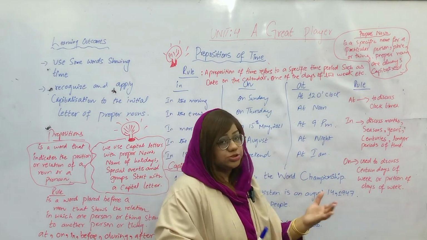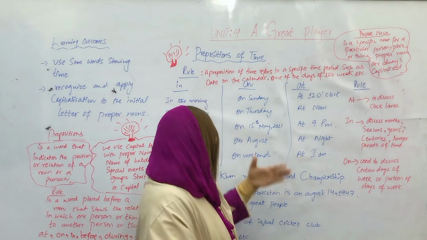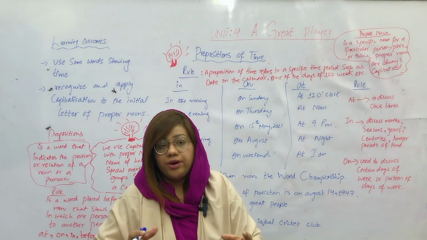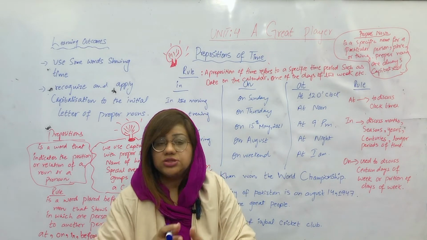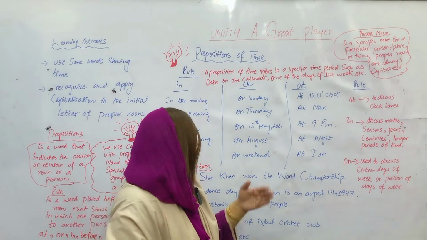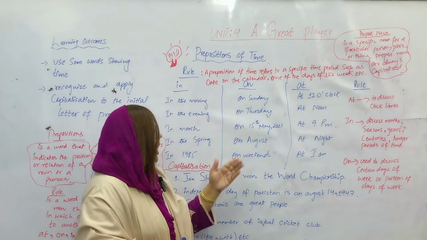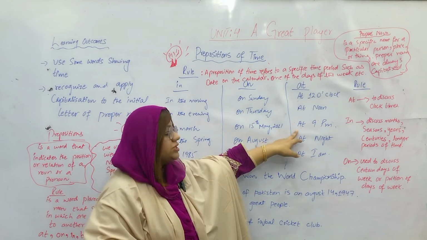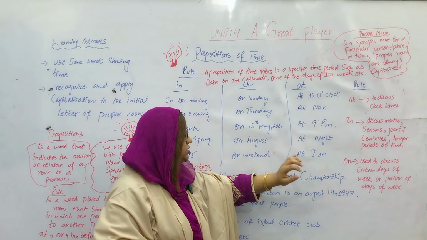Now comes at. At is used to discuss clock times. Must remember, the preposition at is always used to discuss clock times. For example, you can see on the board: at 12 o'clock, at noon, at 9 p.m., at night.